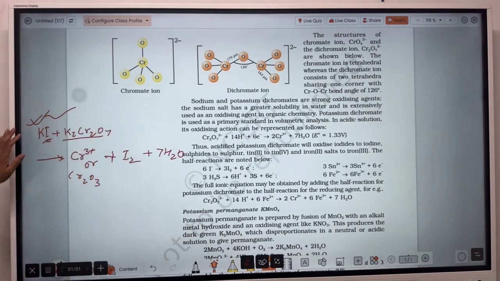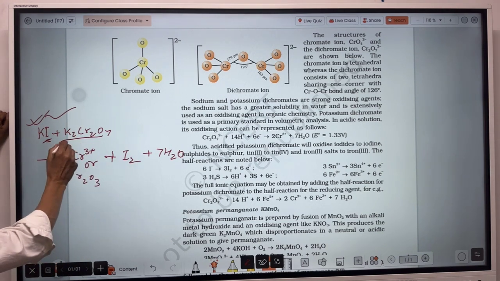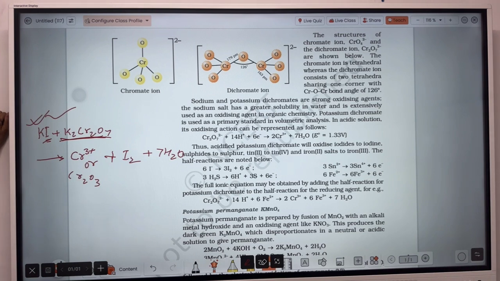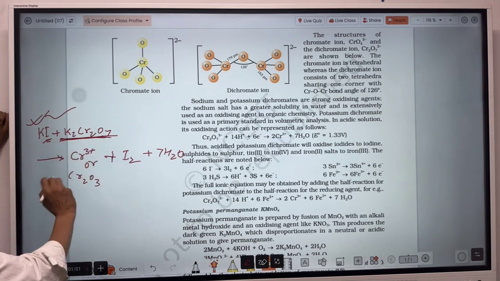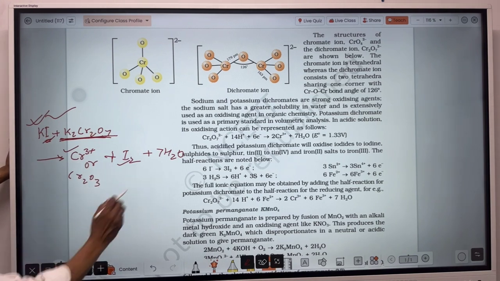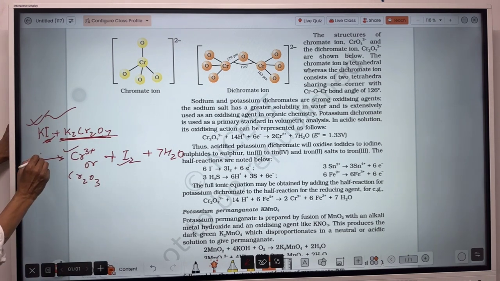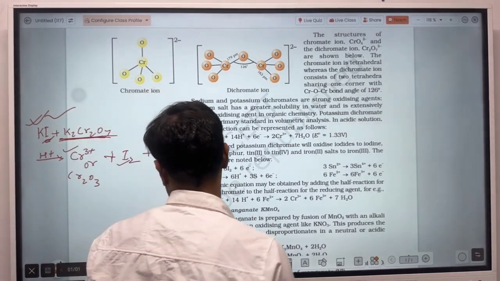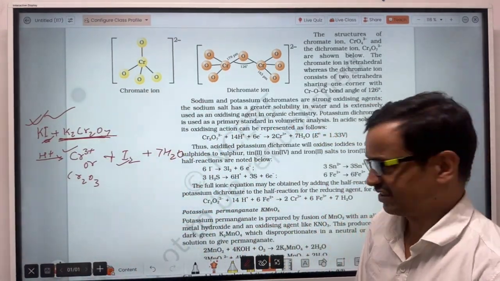Listen right now. The reaction will be in this form: KI reacts with K2Cr2O7. The dichromate ion is an oxidizing agent, so it itself gets reduced into Cr3+ or Cr2O3, and the iodide ion oxidizes into iodine, and H2O is also formed. This takes place in acidic medium. How to balance the reaction, we will discuss in the redox reaction.